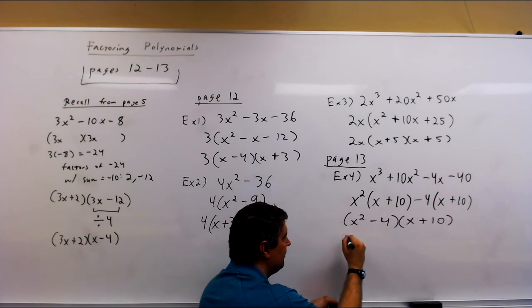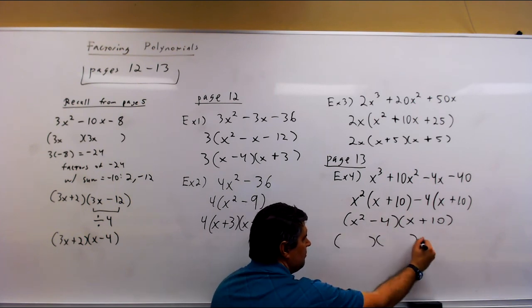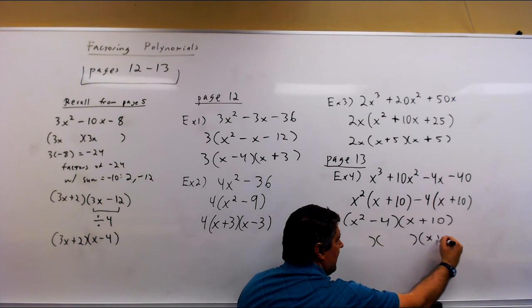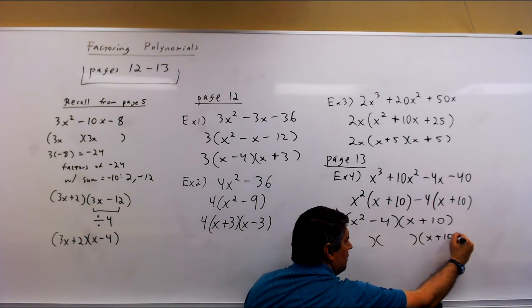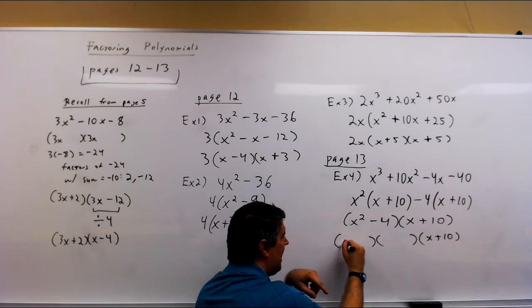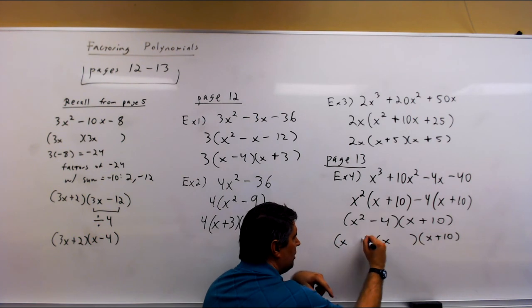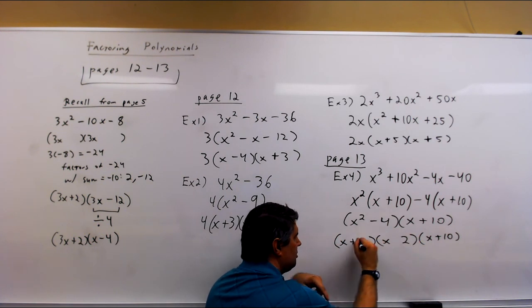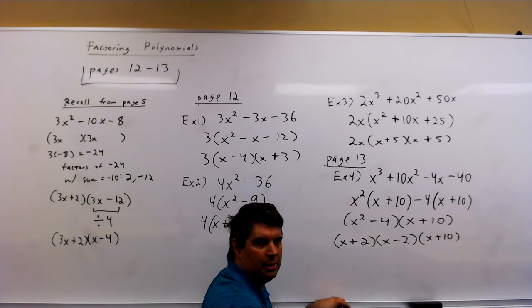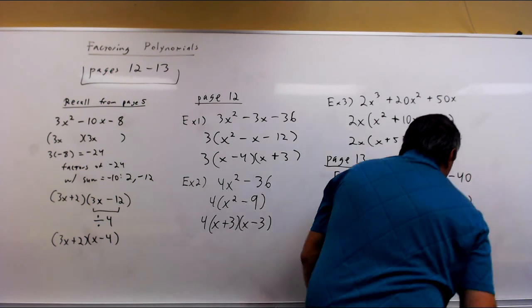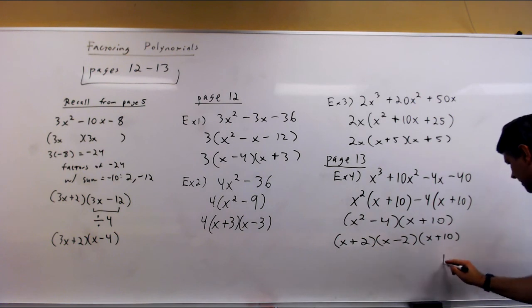So because it's a difference of squares, the x plus 10 is unaffected. But the square root of x squared is x. Square root of 4 is 2. Plus 2, minus 2. Now I'm finished. And this is the end of the video.